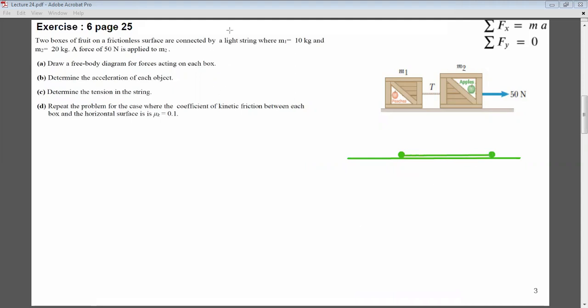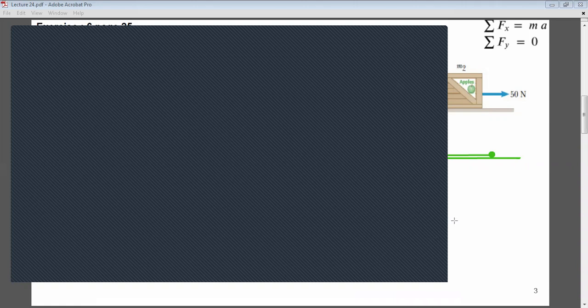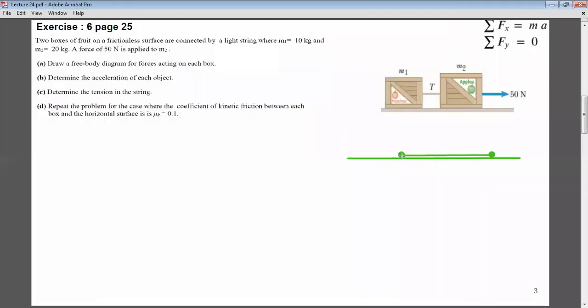And now we apply the forces on them. So the first one, M1, there is W1, and there is N1.